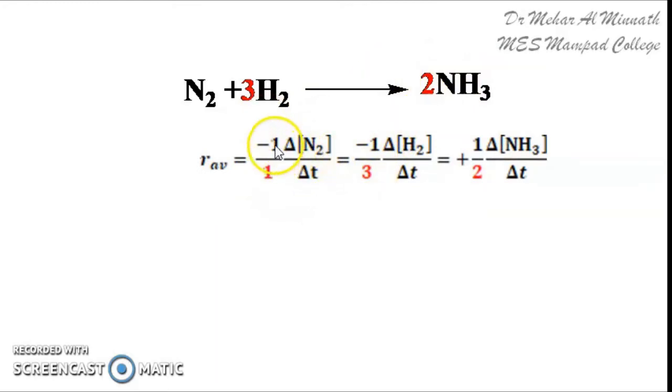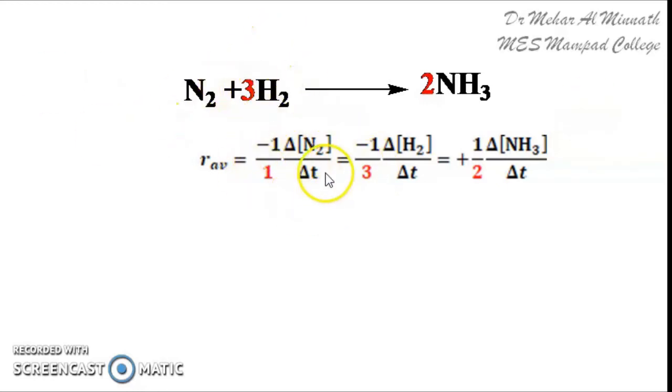Here you can see we have divided the change in concentration with respect to time by the stoichiometric coefficients. We have taken minus 1 by 1 when considering the average rate with respect to the change in nitrogen.